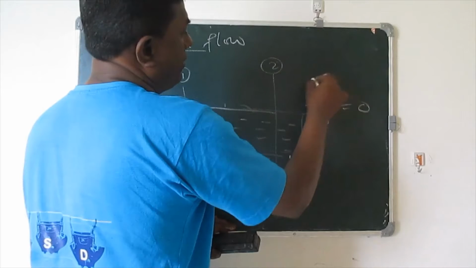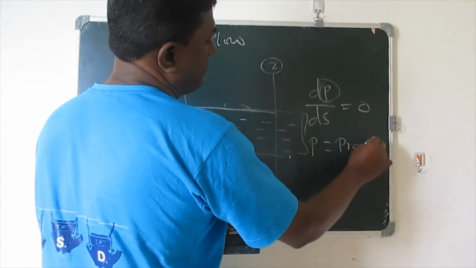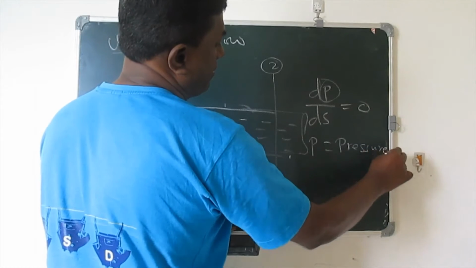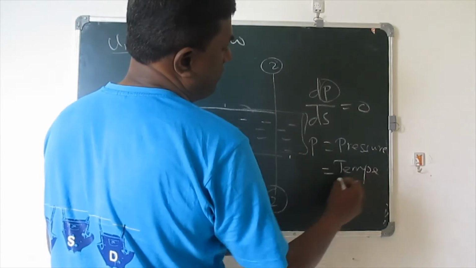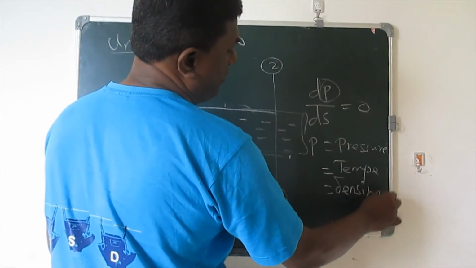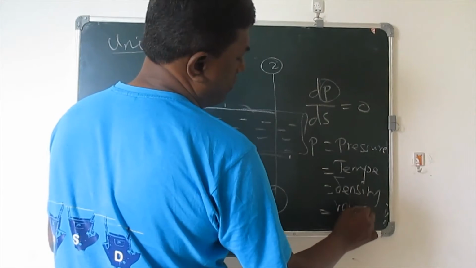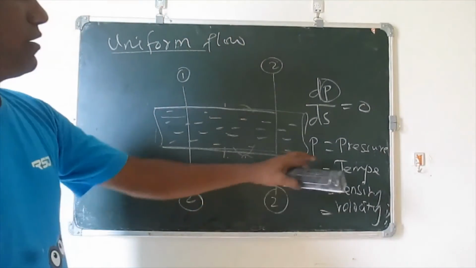Here P stands for anything: pressure, temperature, density and velocity. So P is nothing but these parameters.